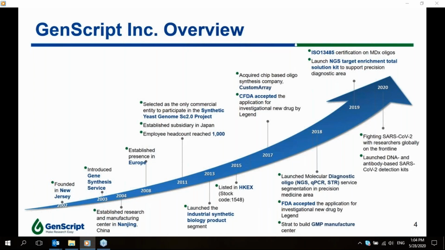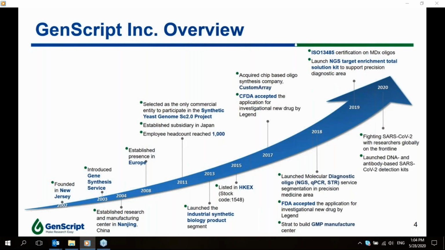We are now proudly serving more than 110,000 customers globally, and is the number one gene synthesis service provider in the world.